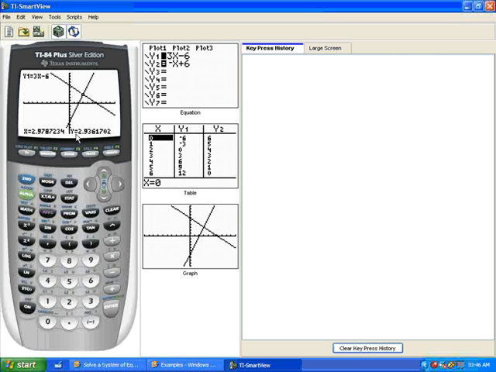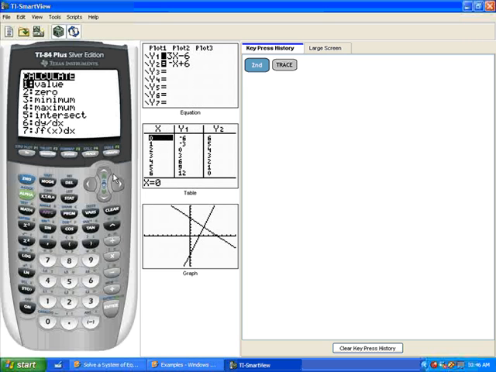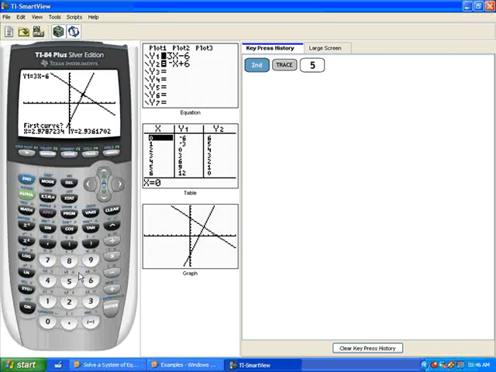Let's see if the calculator can do a better job of giving us a definite answer there. Alright, I'm going to go second, hit the trace button and get the calculate menu. Number 5 is intersect. And it asks you first curve, and up here we see 3x minus 6. Yes, that was it. So hit enter.